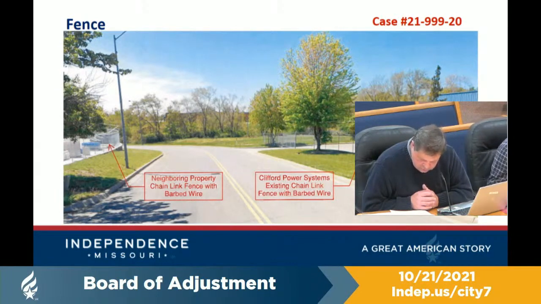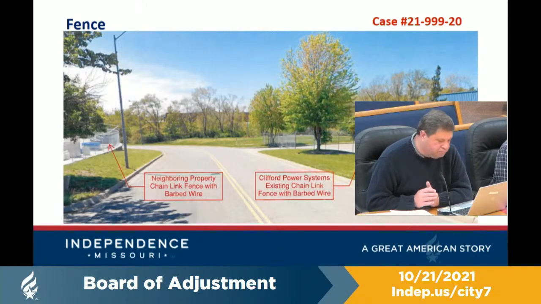The second section of code they're wanting the variance from is location. A fence may be constructed on any side or rear property line, but may not be located on any exterior setback or be closer to any public or private street than the principal building, whichever is greater.